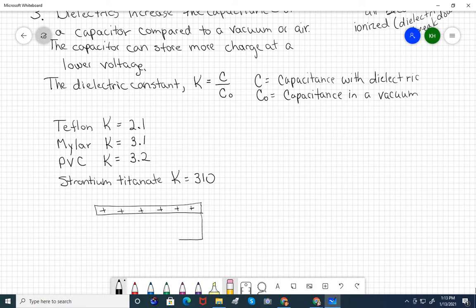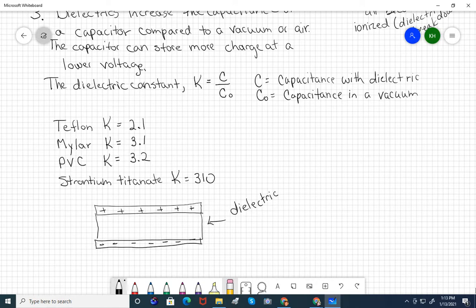And we're going to sandwich some stuff in the middle here. And here's the negative plate. And I put a dielectric in the middle, a layer of something.